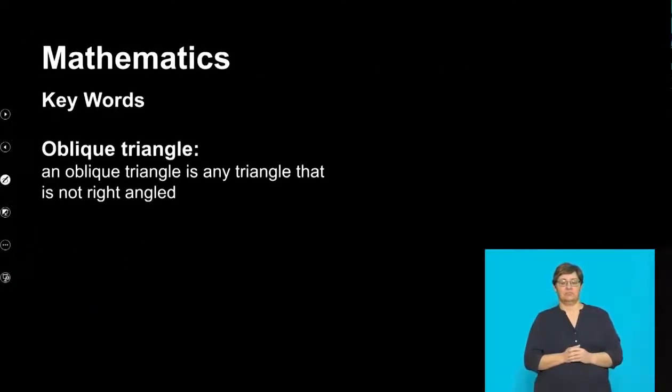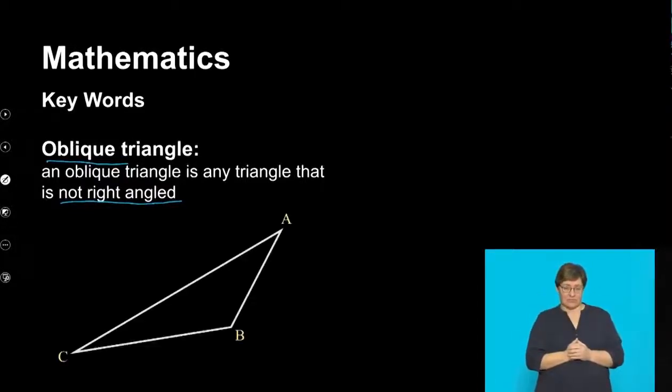Before we start, we need to get through some keywords. The first word we're going to deal with is oblique. An oblique triangle is a triangle that doesn't have any right angles in it. So, in this triangle ABC, you can clearly see that none of these angles are right angled.